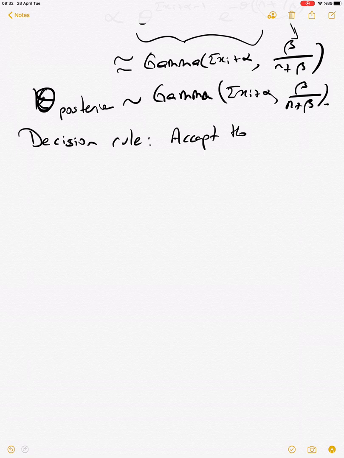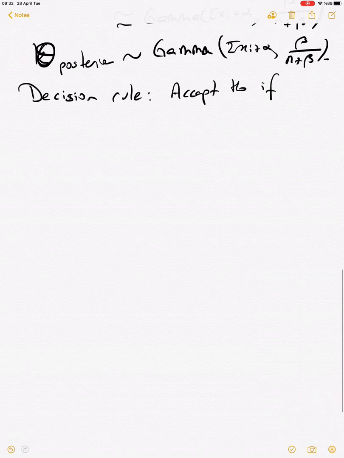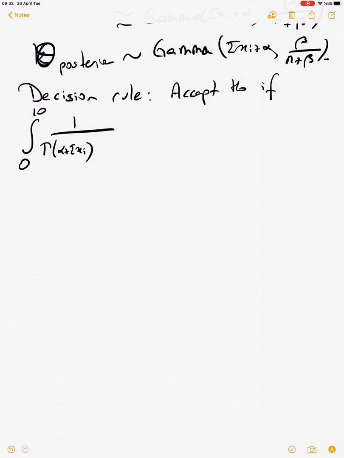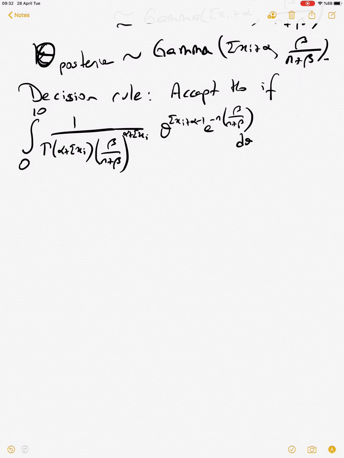Accept H0 if we have to consider the probability that theta is from 0 to 10. Then we have the gamma case, alpha plus summation xi, theta to the summation xi plus alpha minus 1 and e to the minus n beta term, d theta.